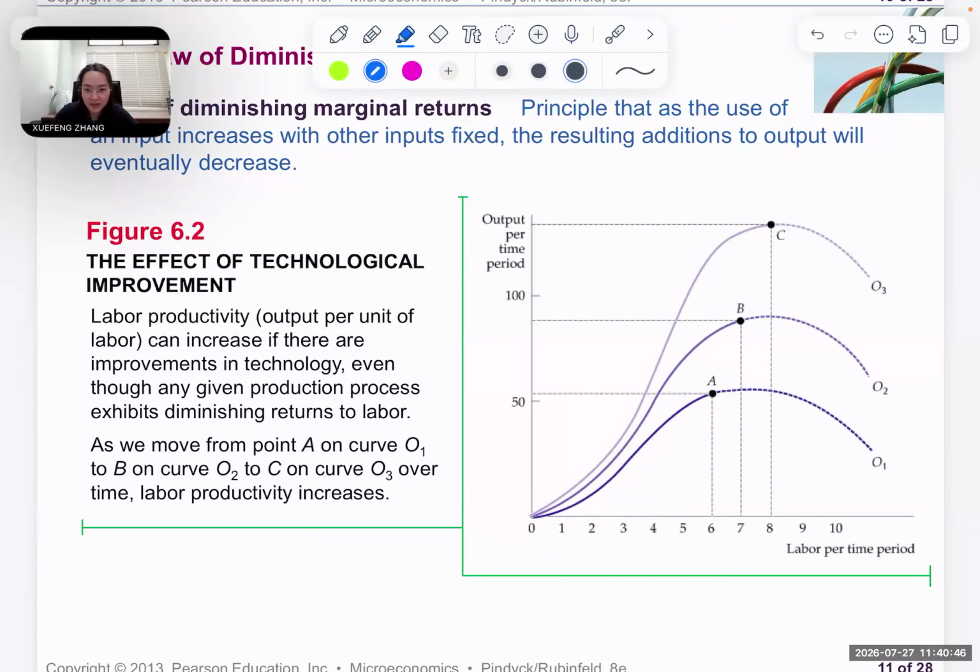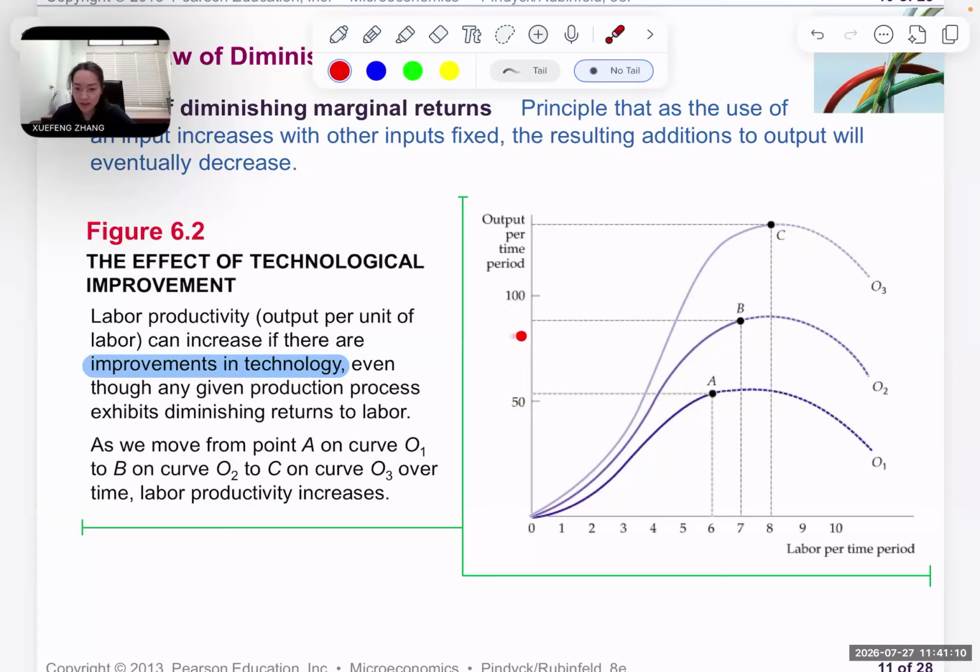Because there's better technology. Because better technology, that's why from point A to point B and also to point C shows that output keeps increasing over time, all right?